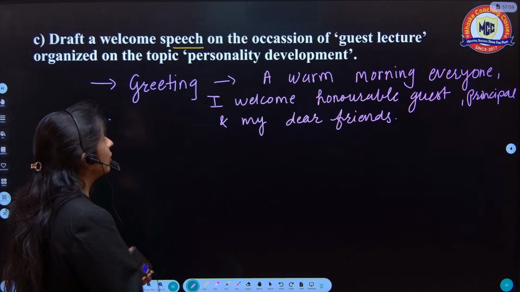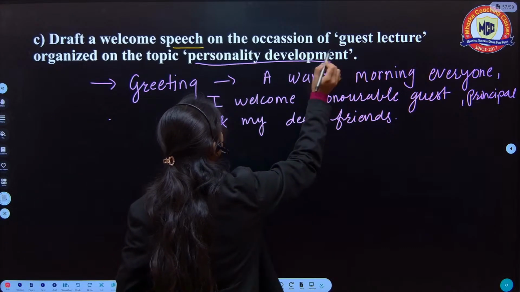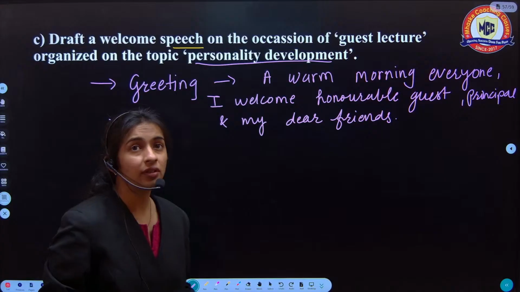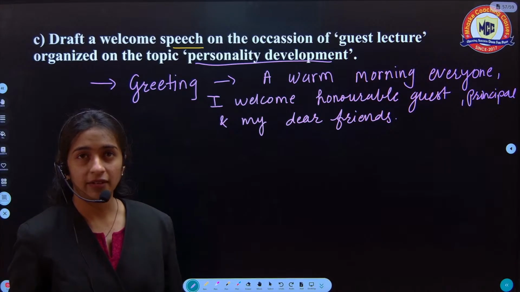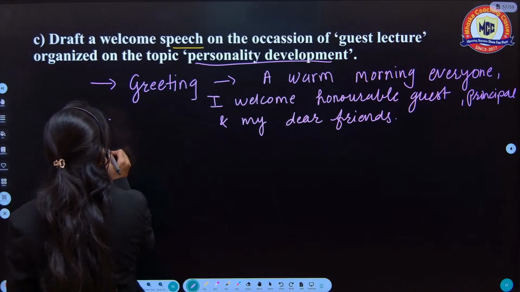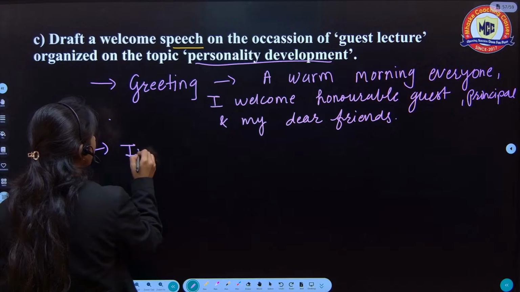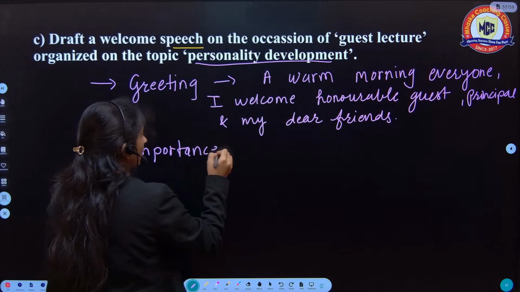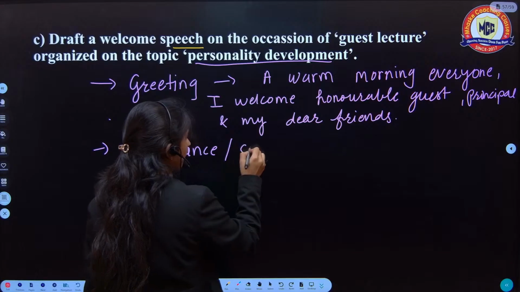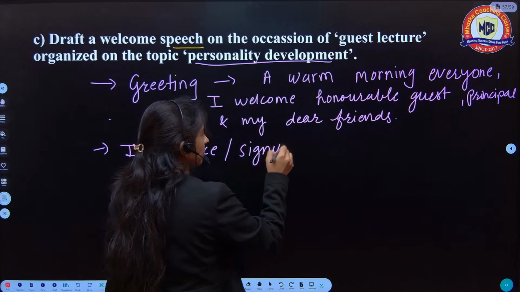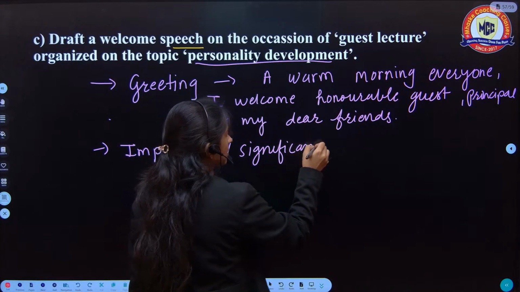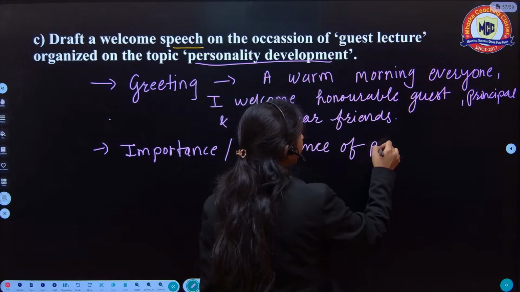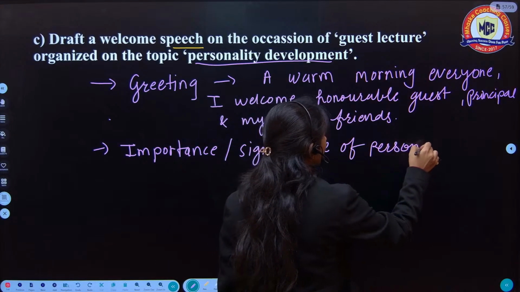After that, you will say something regarding personality development, or its importance. So on the second point you will write importance or significance of personality development.